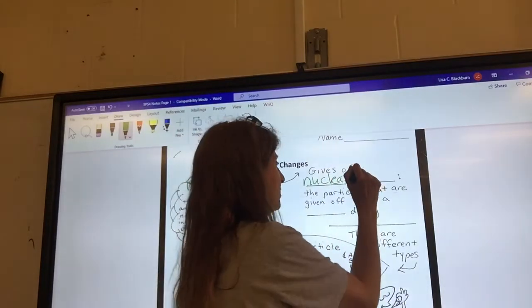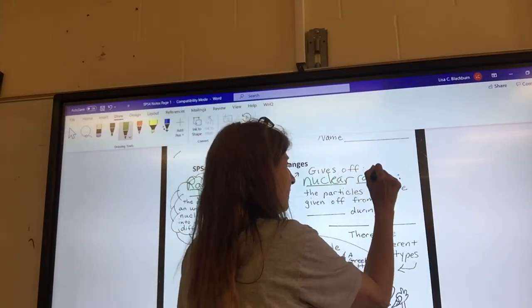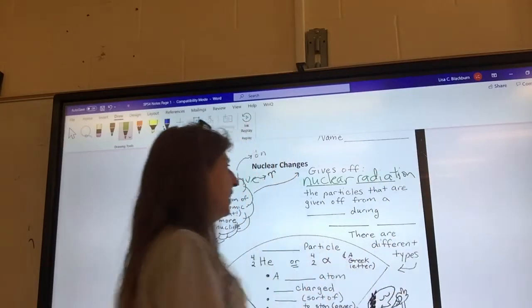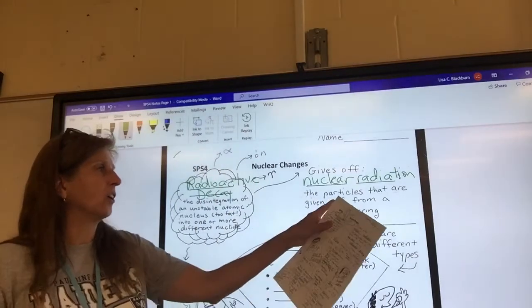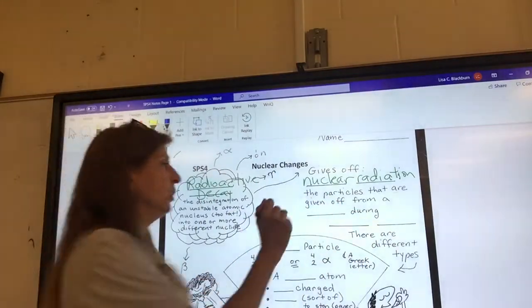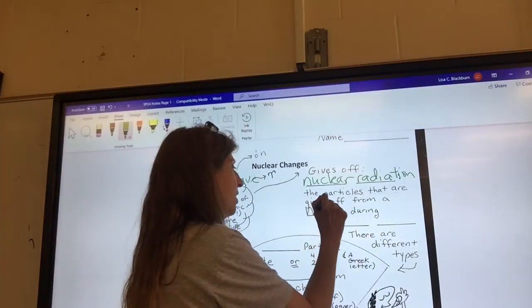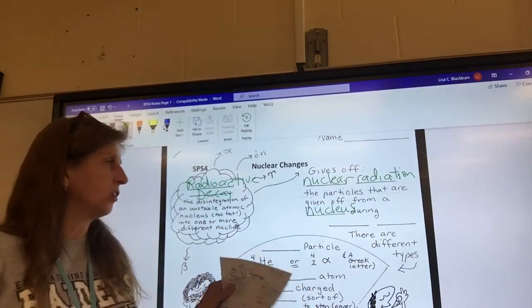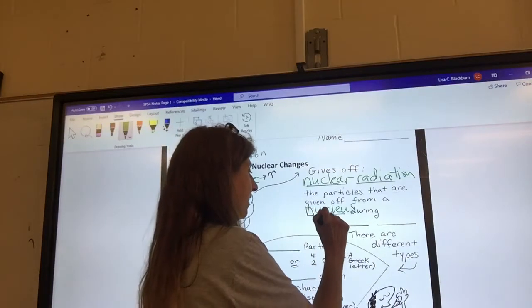Nuclear radiation is the particles that are given off from a nucleus. That's where they come from, the nucleus during radioactive decay.